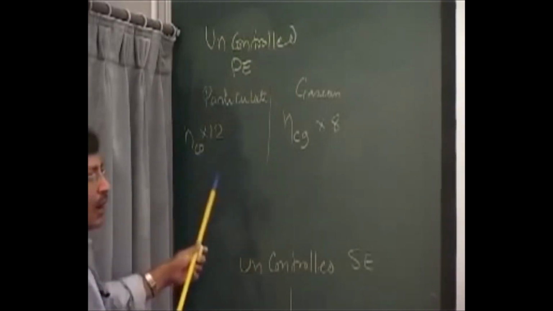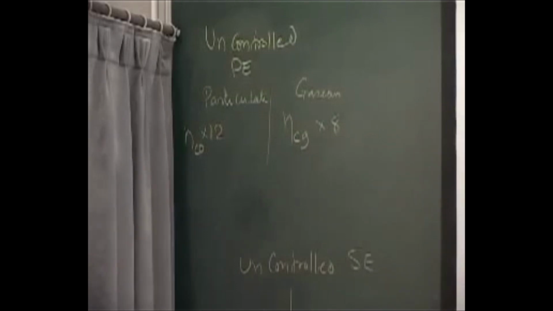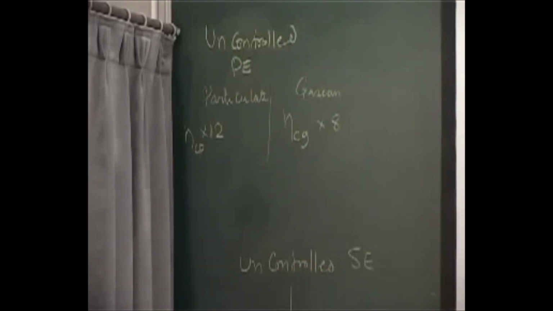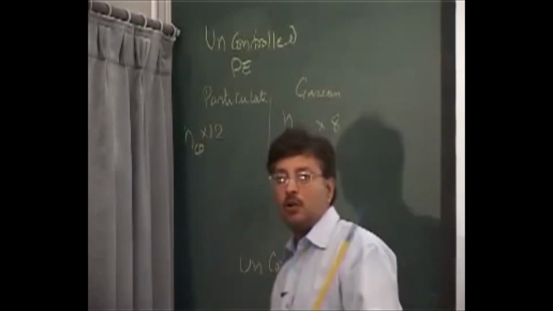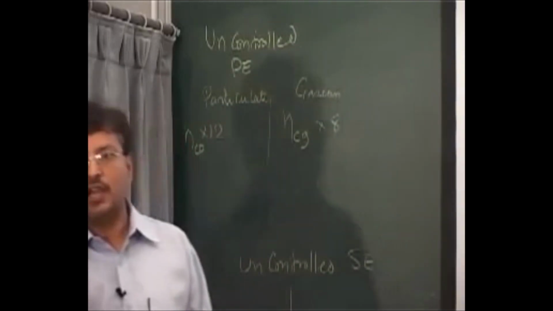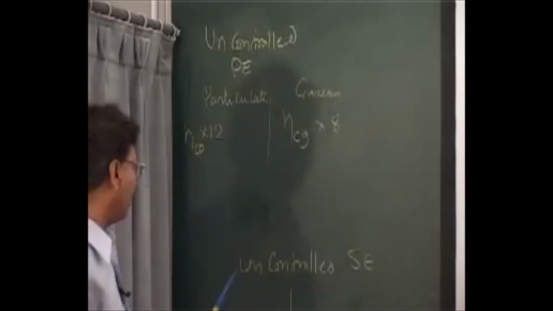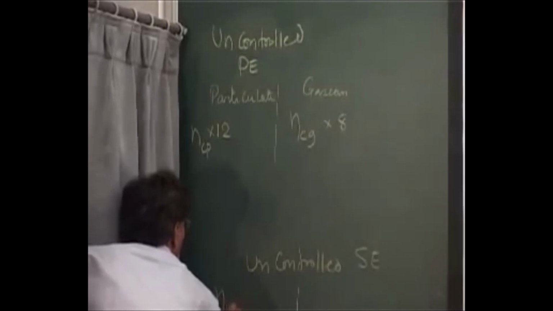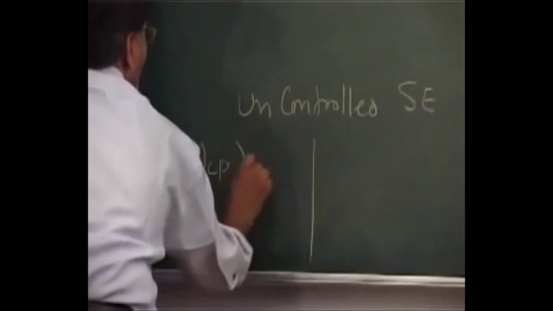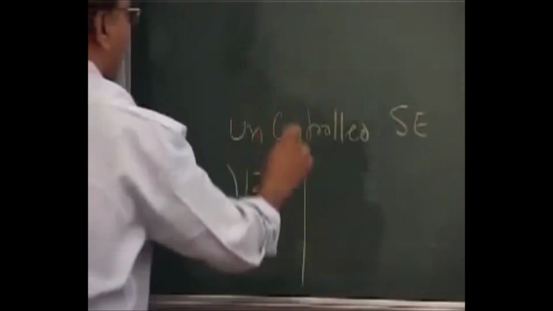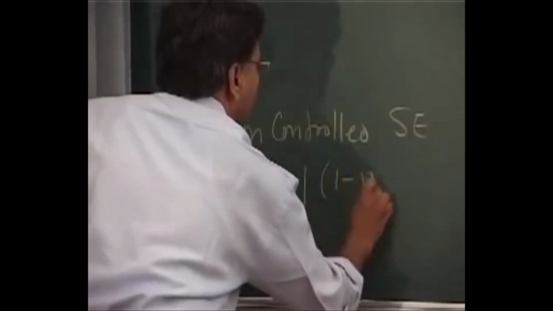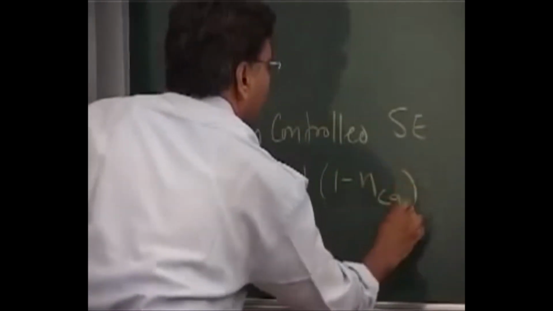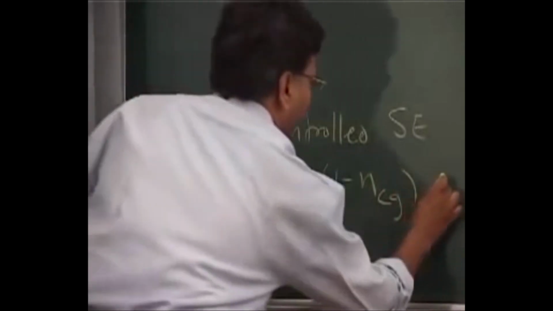This has gone into the primary. So whatever is remaining, that is 1 minus NCP, will go through my secondary emissions, uncontrolled. We are not talking how much is the controlled. So I can write this one 1 minus NCP times 12. Here I can write 1 minus NCG or eta Cg times 8.